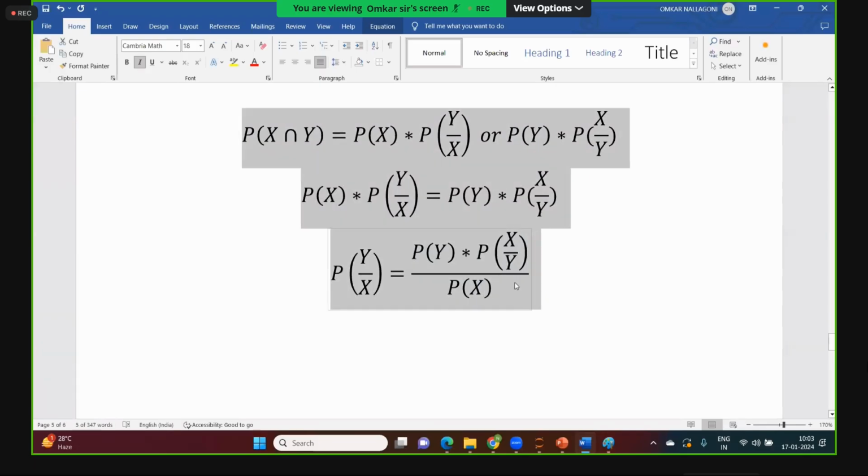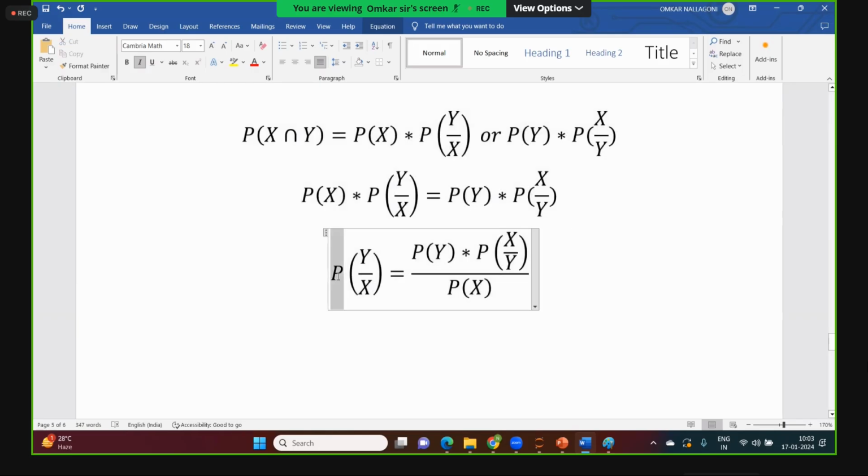This is a very, very important thing. If you want to remember this formula, first of all you need to know the multiplication theorem formula. And then what is your requirement: P of X by Y or P of Y by X? That is your requirement. And we already know that before getting the machine learning output, first what will come?